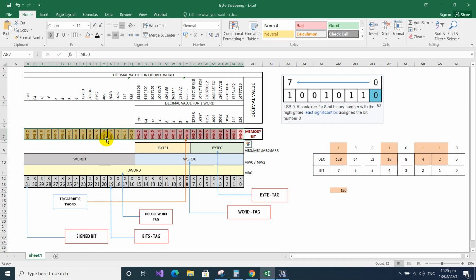For example, you are now dealing with temperatures, set points, and analog values. Now, this one will make you confused because sometimes you are overlapping the address.